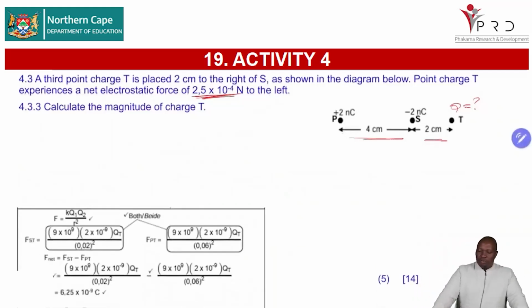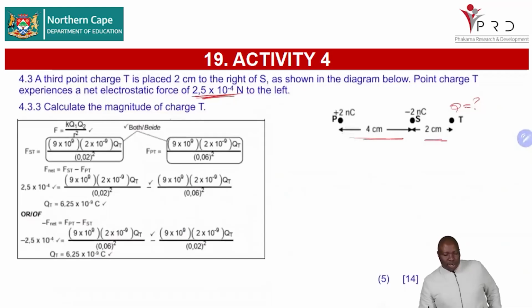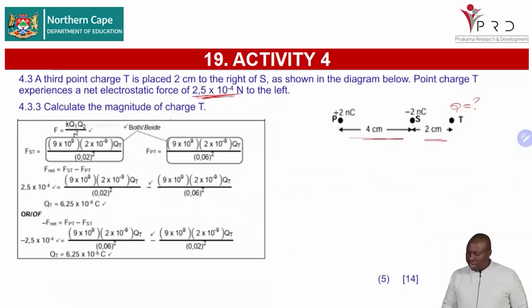And then with no wasting of time, you can simply do it like that and do your substitution. So you calculated the force between P and S, and you calculated the force there on T. The first force is between S and T, which is this one.